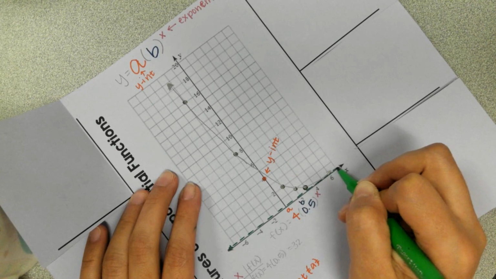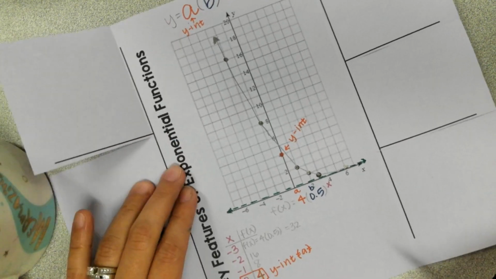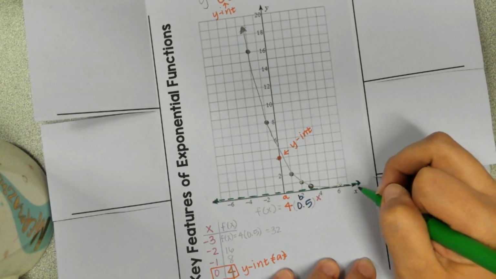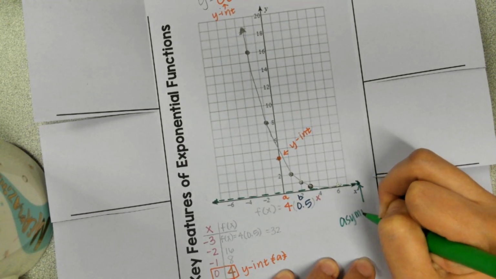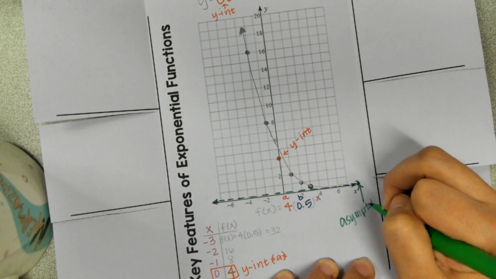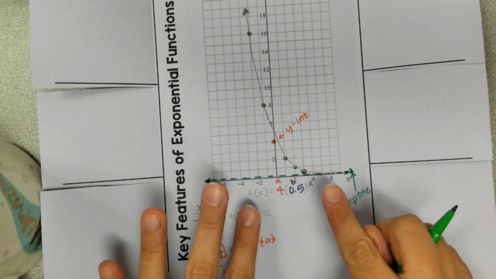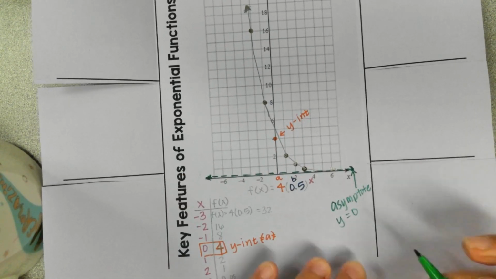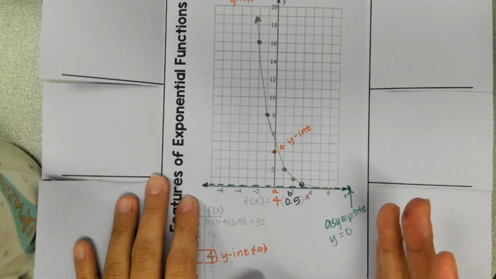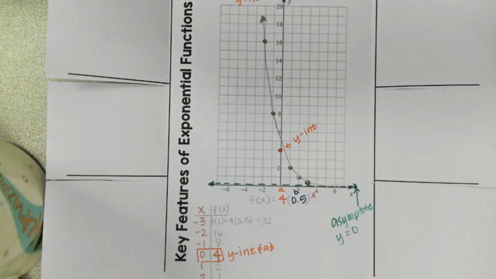I'm drawing it right above the axis just so you can see it, but it's really the axis. Again, we call that the asymptote. And in this case, that is the 0 value, so it is where y is equal to 0. Depending on where your exponential function is located and where you see it flattening out, that's going to be your asymptote.